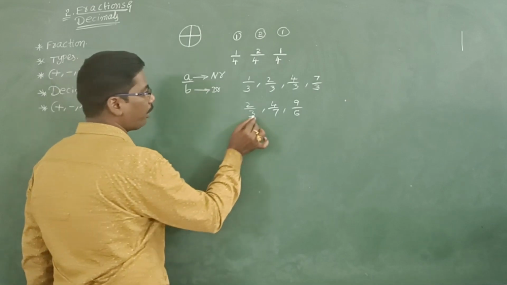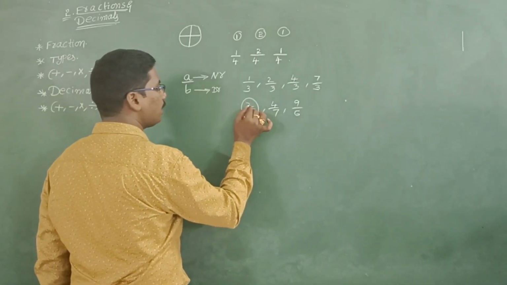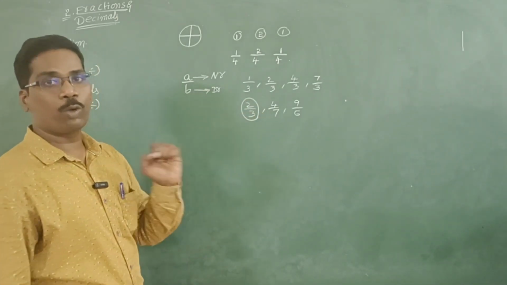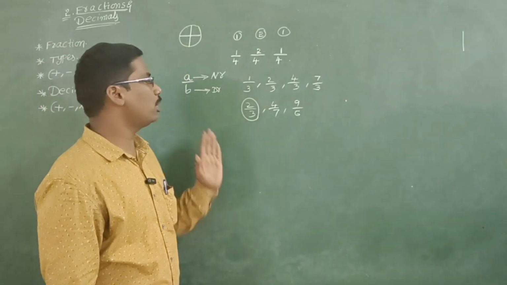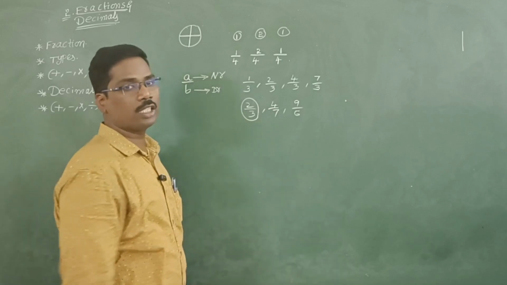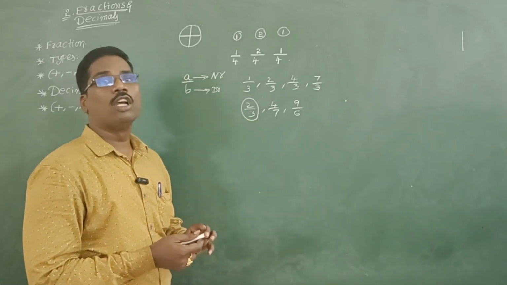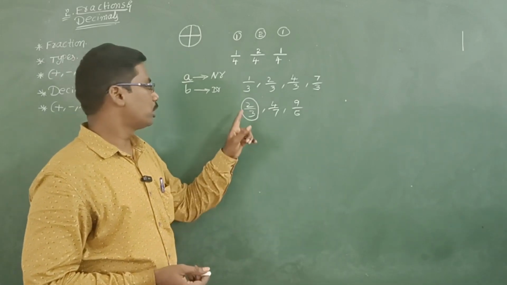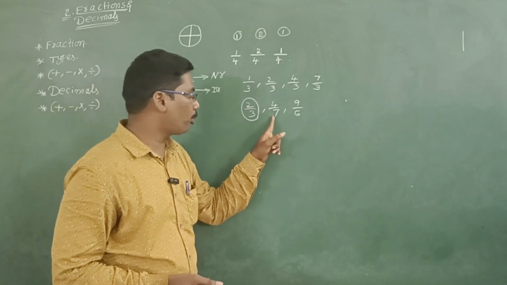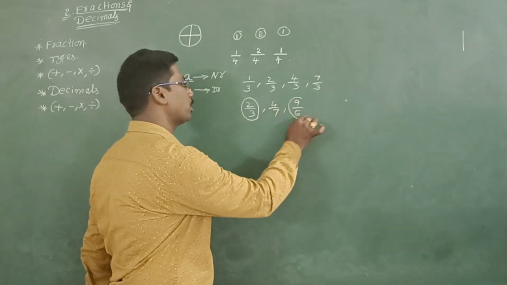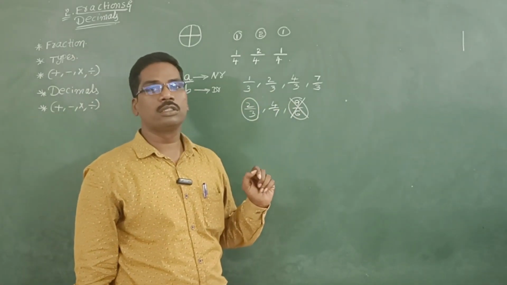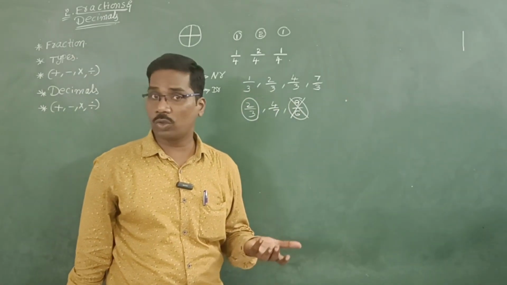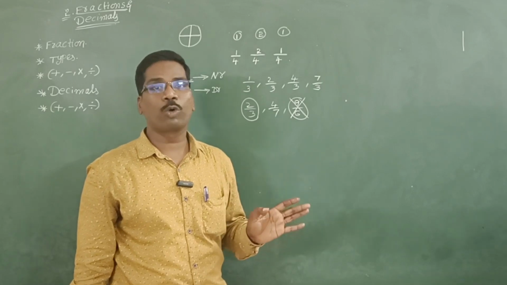In the same way, if the numerator is less than the denominator, that is called a proper fraction. In numbers also, the numerator must be less than the denominator. So this is a proper fraction, but this is not a proper fraction, because the numerator is more than the denominator.